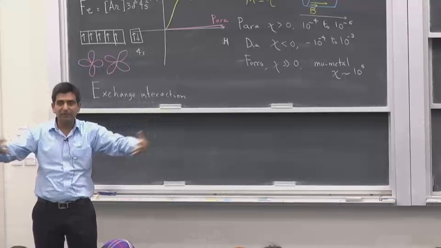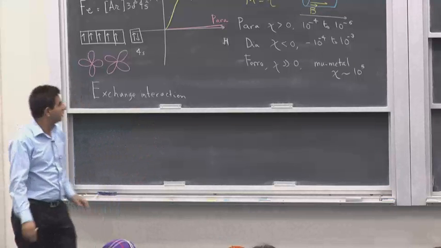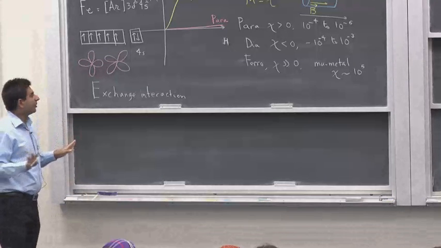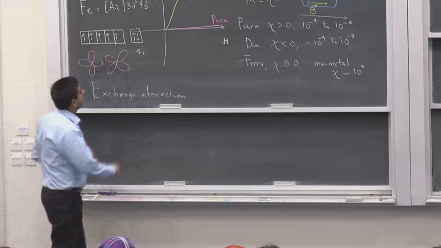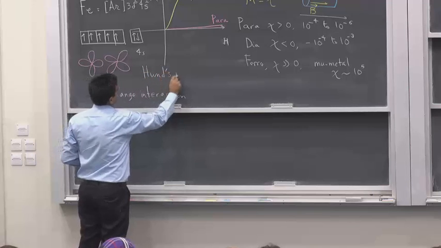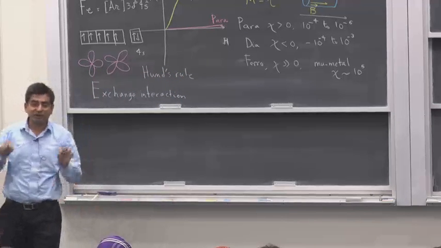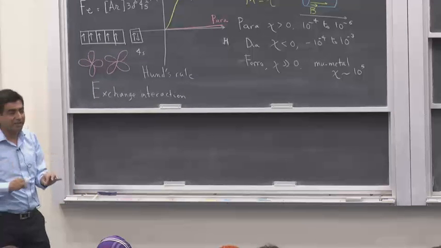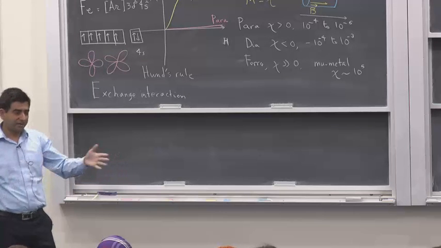This lowers the energy of the system. The details are beyond the scope of this course, but this is something that you generally remember as Hund's rule in chemistry. So the first 5 electrons go into different orbitals because that lowers the electrostatic energy and it lowers the overall energy. And the electrons take up parallel spins.